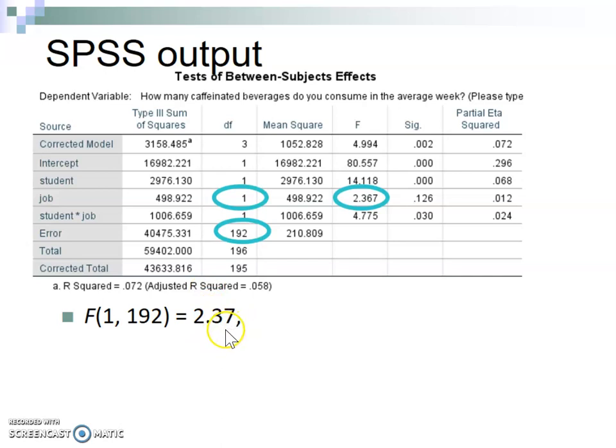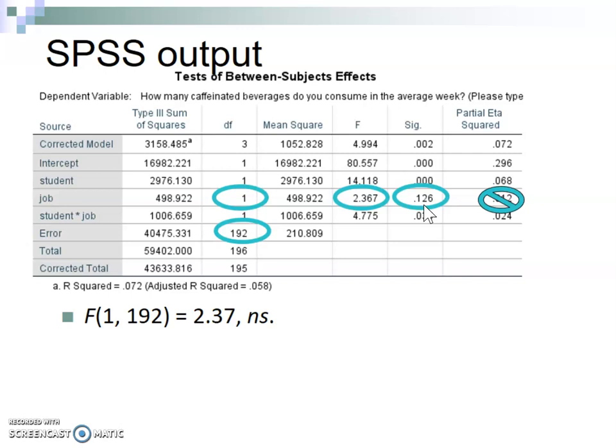Again, I have rounded to 2 numbers after the decimal place based on APA style requirements. And anytime we failed to reject the null hypothesis or did not find a significant difference, we don't actually report the p-value. Instead, we just end the sentence by saying NS. Don't forget that we don't report our measure of effect size if we did have a non-significant finding.